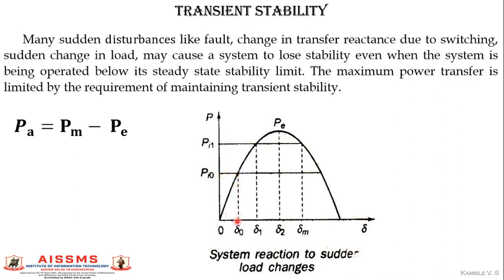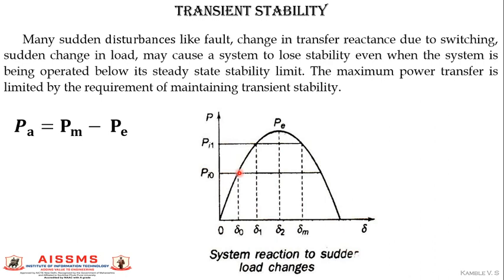At this instant the mechanical power is equal to the electrical power, so the difference between PM and PE is 0. So PA has a 0 value, and whenever PA is 0, the system is said to be stable. So we are considering that the system is stable, operating at angle delta 0 and delivering electrical power Pi0.